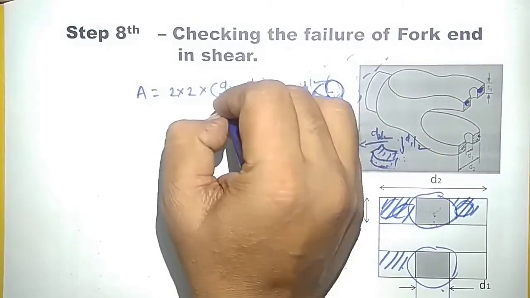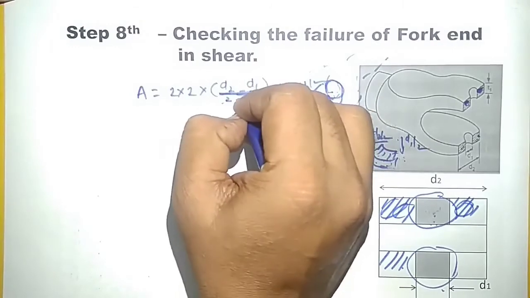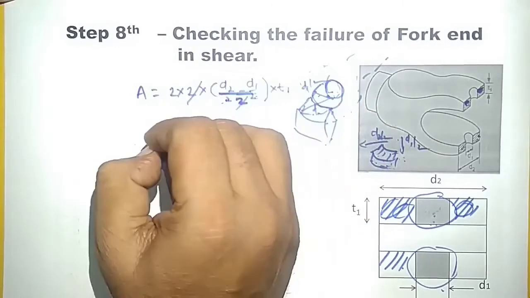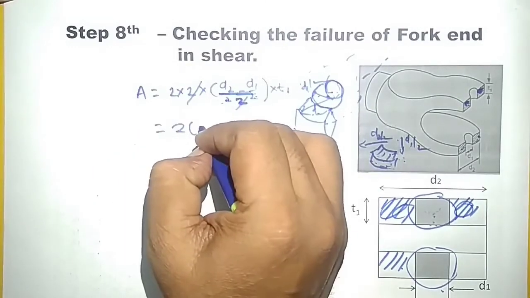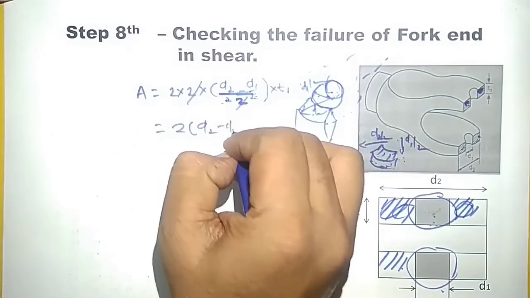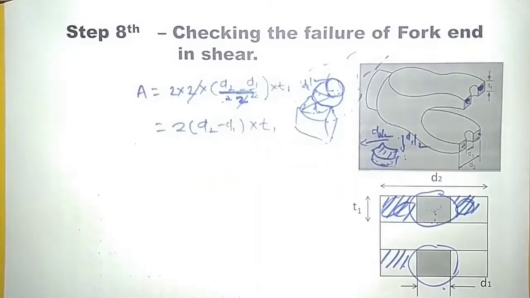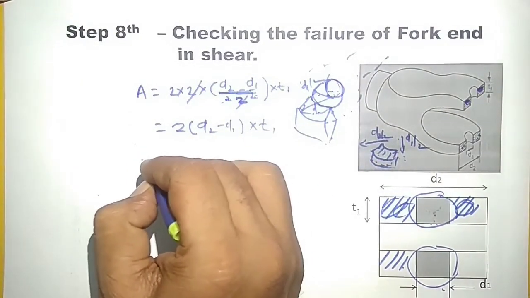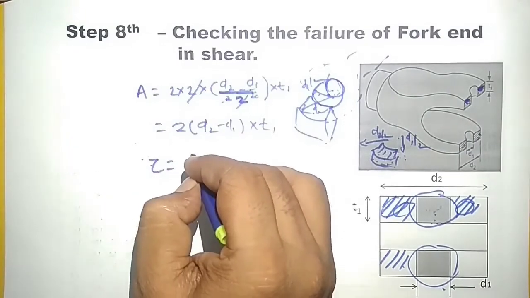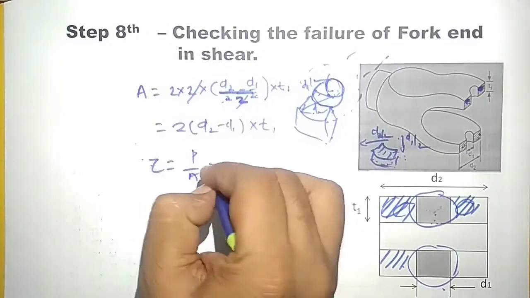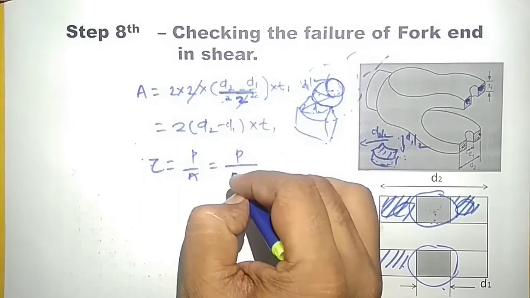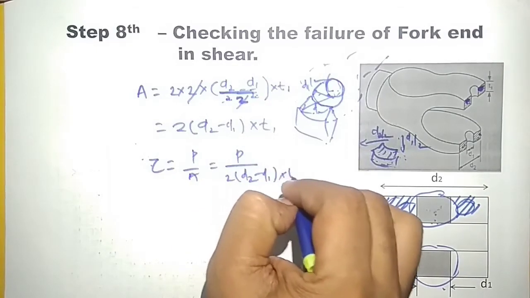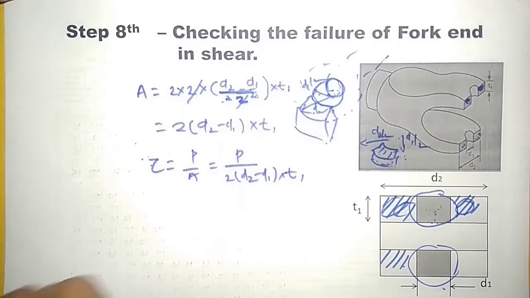The 2 in the denominator gets cancelled, and the area becomes 2 into d2 minus d1 into t1. Therefore, shear stress tau is P upon 2 into d2 minus d1 into t1.